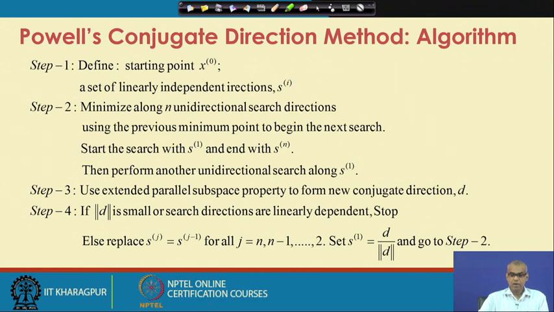You use the extended parallel subspace property to form new conjugate direction D. If the magnitude of D is small or such directions are linearly dependent, we stop. Otherwise, we replace the old search directions. So, we replace S j equal to S j minus 1 for all j equal to n minus 1 up to 2. Normalize S 1 as S 1 equal to D by norm of D and then again go to step 2.